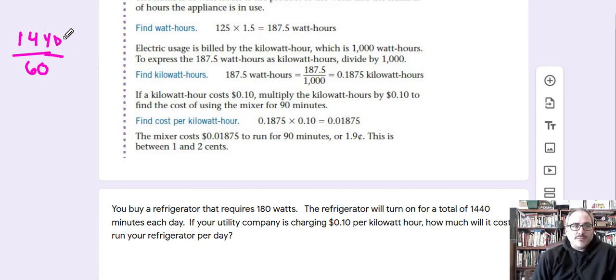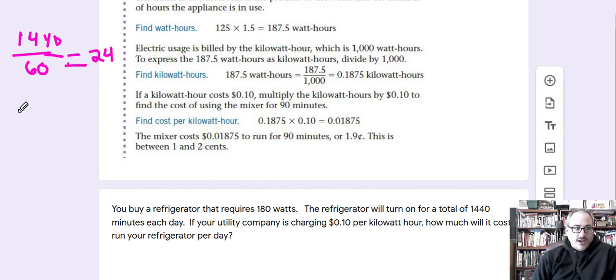And when I calculate the minutes divided by how many minutes are in an hour, I get how many hours that is. I throw that in my calculator, and I find that's 24. And I set that up because I wanted it to be 24. I want this refrigerator to essentially be running on an average of 180 watts over a 24-hour period. So it's running 24 hours per day.